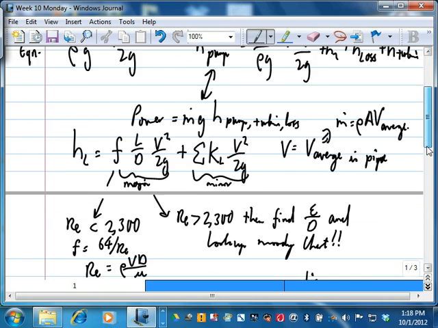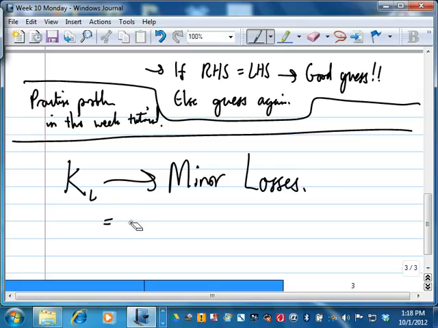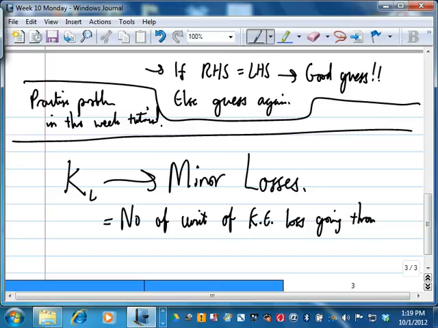So let's see the minor losses. K L, which is equal to the number of units of kinetic energy loss going through a fixture.